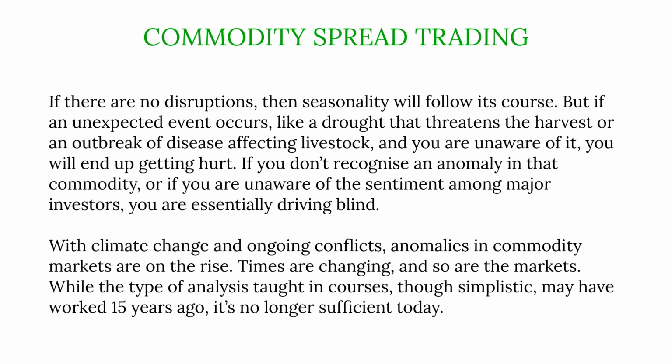If you don't recognize an anomaly in that commodity, or if you are unaware of the sentiment among major investors, you are essentially driving blind. With climate change and ongoing conflicts, anomalies in commodity markets are on the rise. Times are changing, and so are the markets. While the type of analysis taught in courses, though simplistic, may have worked 15 years ago, it's no longer sufficient today.